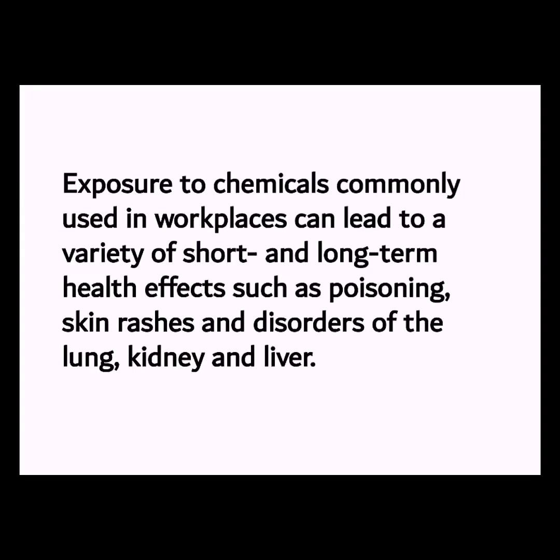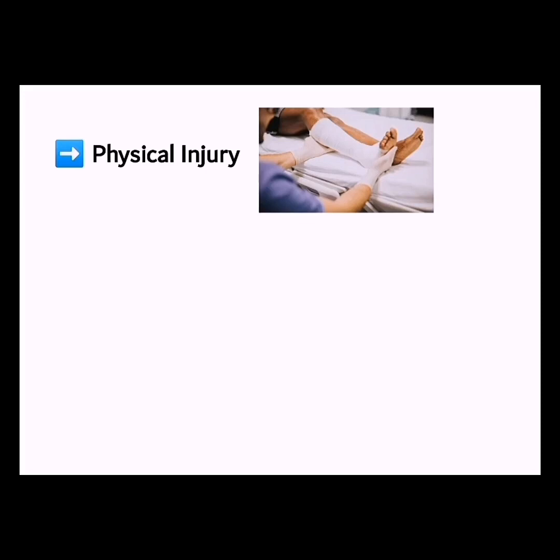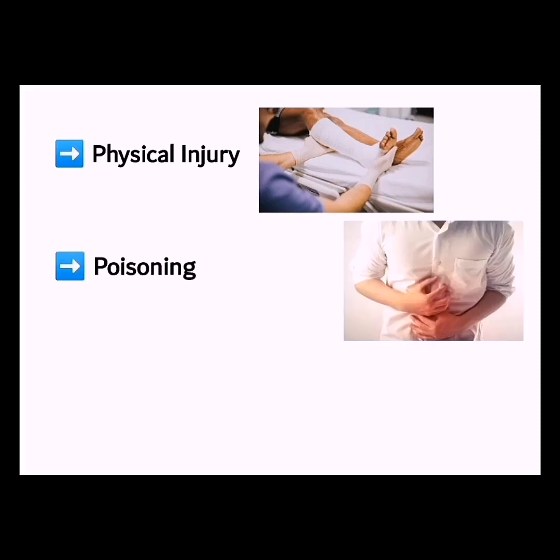Effective exposures. Exposure to chemicals commonly used in the workplace can lead to a variety of short and long-term health effects such as poisoning, skin rashes, and disorders of the lung, kidney, and liver. Physical injury. Poisoning. Asphyxiation.